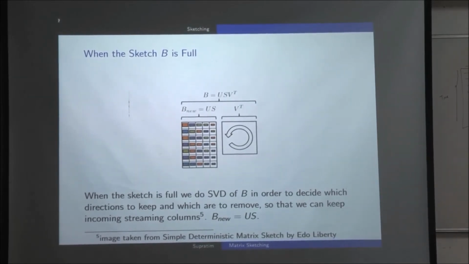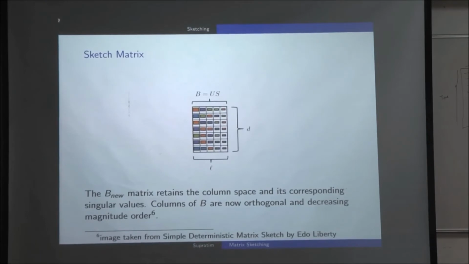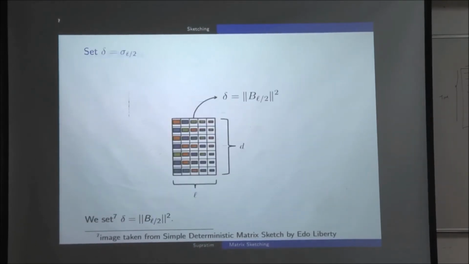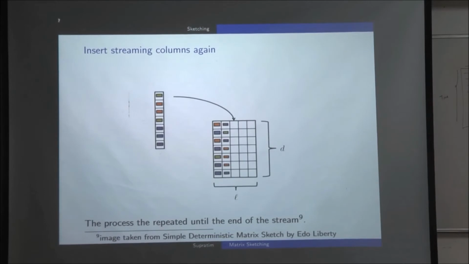Now we set the median singular value as delta I, and we are going to nullify the smaller magnitude orthogonal vectors. Then when we get a new streaming column, we add it to B over here, and we keep on doing this continuously.